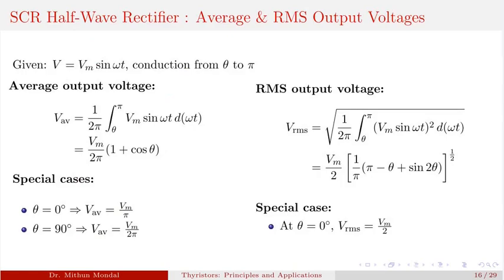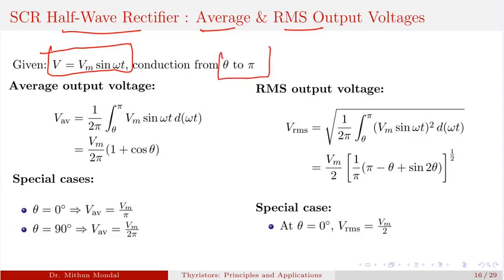If we do the derivation to find the average and RMS output voltage for the half wave rectifier, considering the input is a sinusoidal wave, V equal to Vm sin omega t, and the conduction is from theta to pi, the average output voltage is 1 by 2 pi, because the full cycle is 2 pi, and conduction is from theta to pi, where theta is controlled with the help of the gate signal.